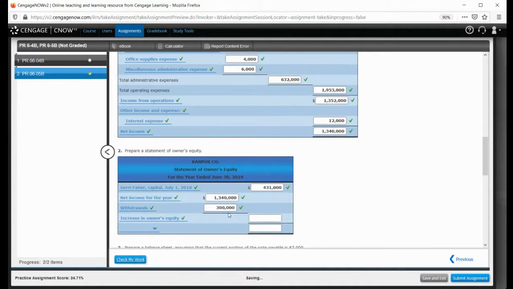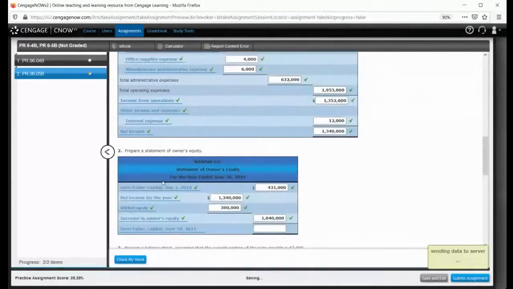The difference between the net income and the withdrawals is $1,040,000. And that is my increase in owner's equity. Because my owner's equity has increased for this year, I'm going to add this increase to the beginning capital, and that will give me the owner's ending capital for this year.